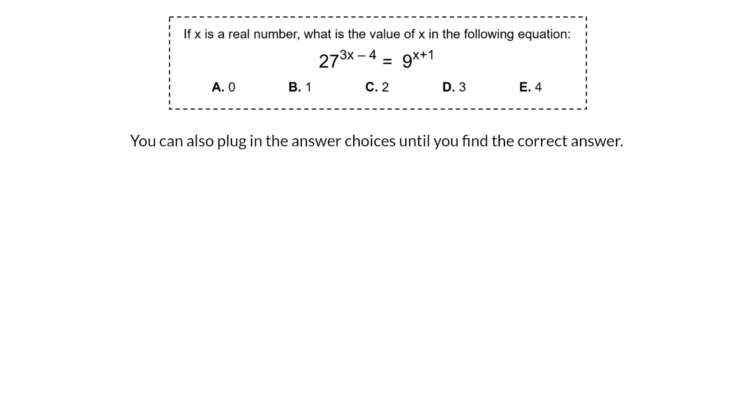Another way to solve the problem is to plug in the answer choices until you get the correct answer. We'll let each answer choice be the value of x, and we'll plug them in until we find the first answer that works, and then we'll move on. Let's first plug in x equals 0.